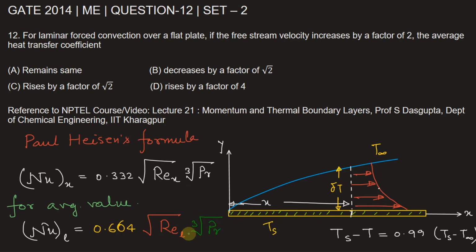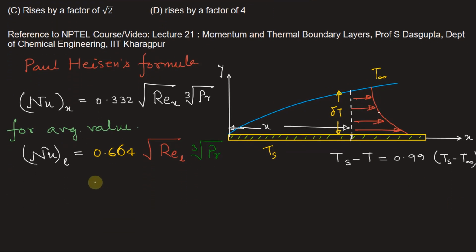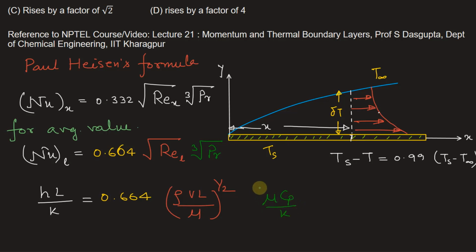And we know the Nusselt number is given by hL upon k, that will be equal to 0.664 times the square root of the Reynolds number. The Reynolds number is given by rho VL upon the dynamic viscosity, square root of this, multiplied by the cube root of the Prandtl number, that is mu Cp by k.